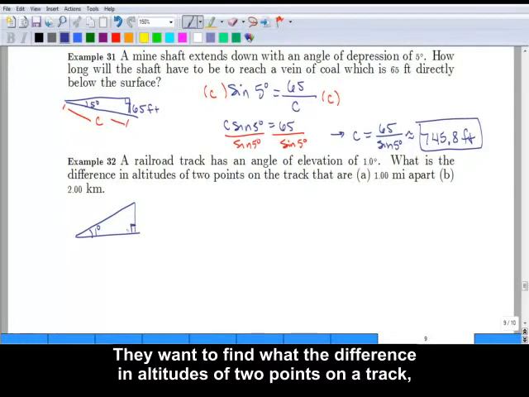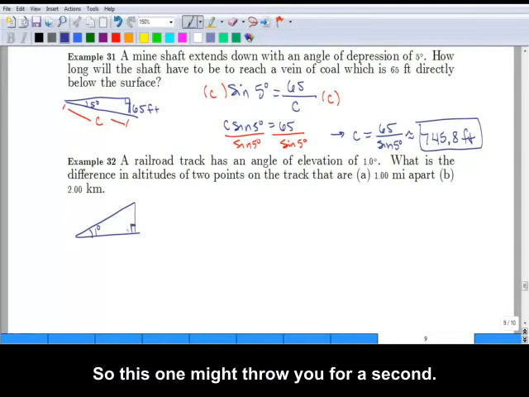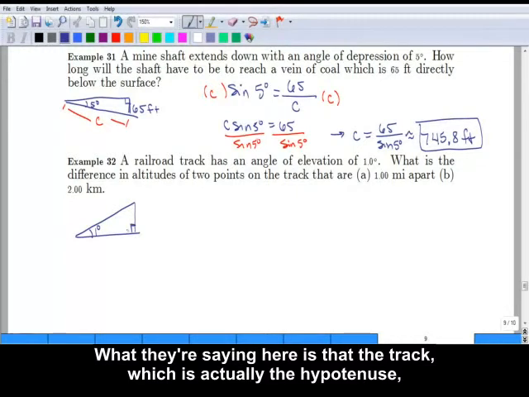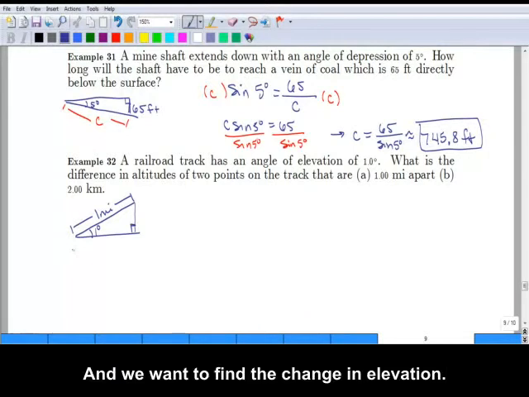They want to find the difference in altitudes of 2 points on a track that are 1 mile apart. So this one might throw you for a second. What they're saying here is that the track, which is actually the hypotenuse, this is the part that the train is going to be running on, this is 1 mile apart. And we want to find the change in elevation.